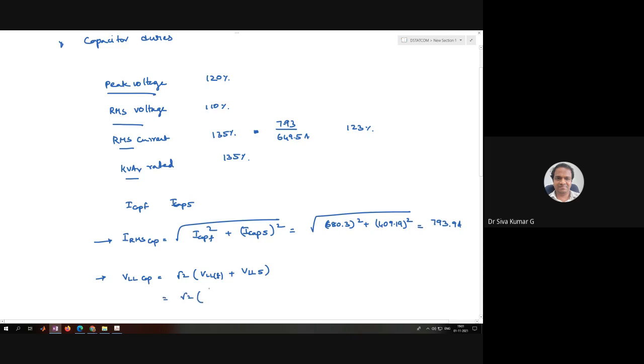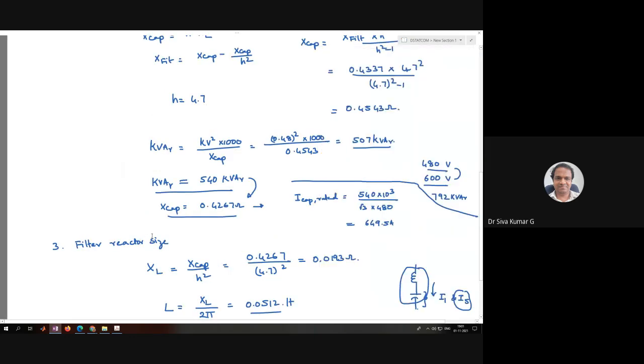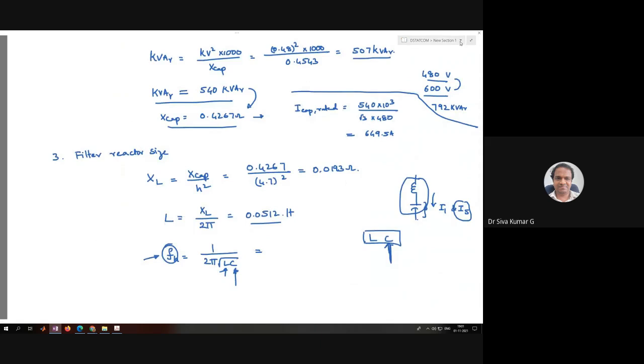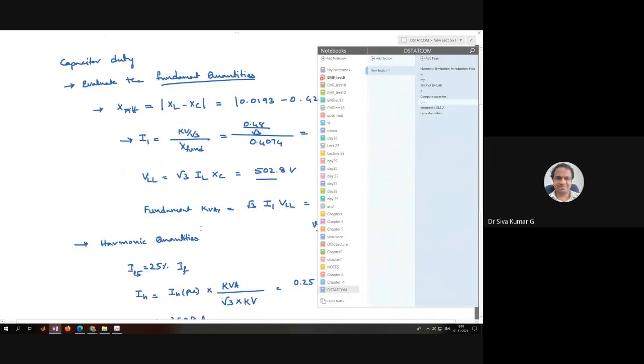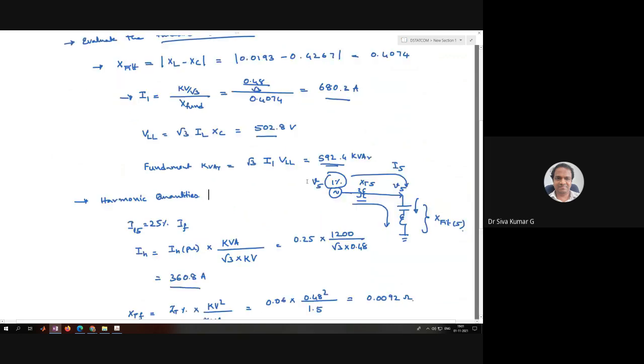The fundamental voltage across the capacitor, just a minute, we got here is 502.8.